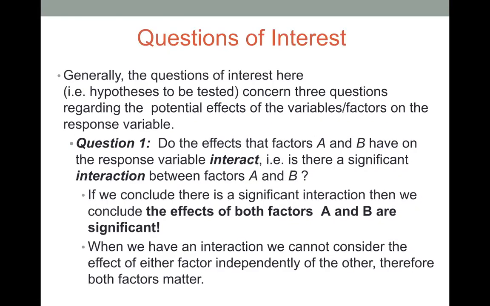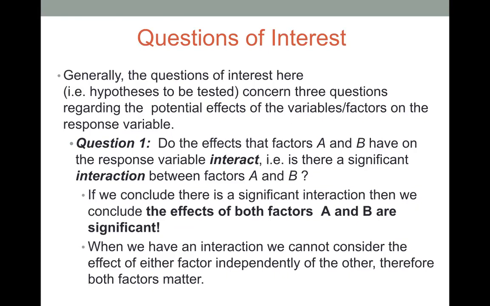Generally, the hypotheses to be tested concern 3 questions regarding the potential effect of variables or factors on the response variable. Question number 1: do the effects of A and B on the response variable interact? That is, is there a significant interaction between factors? The independent variables are called factors in the ANOVA model.